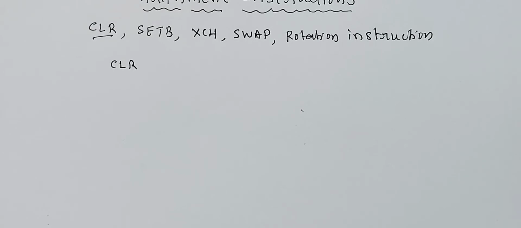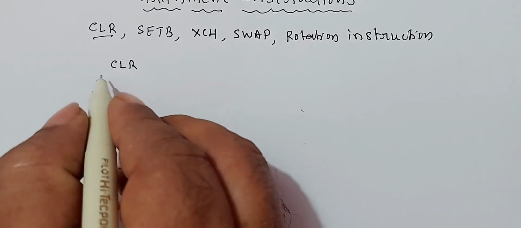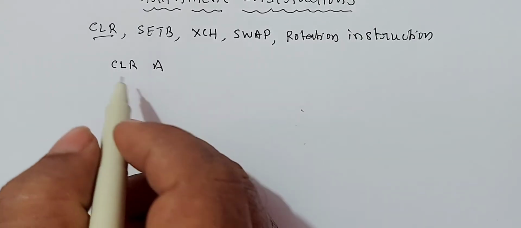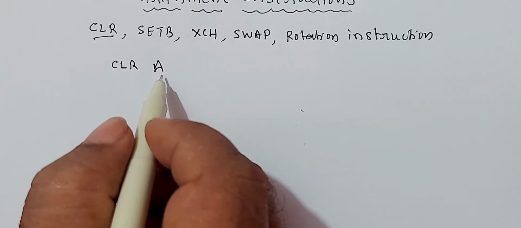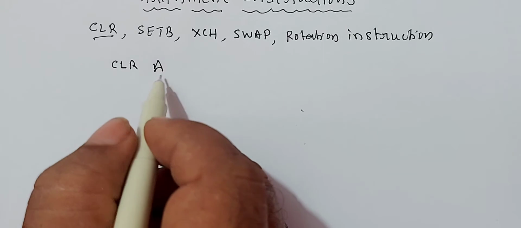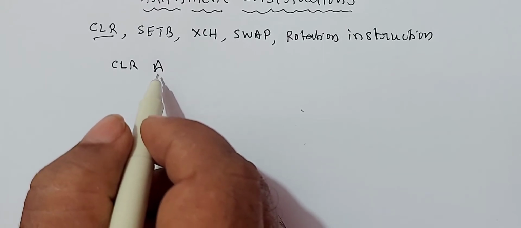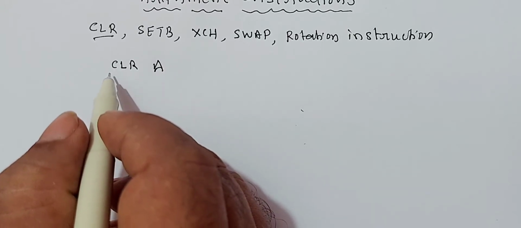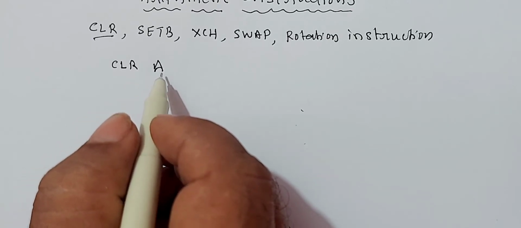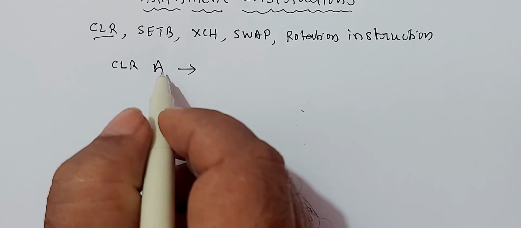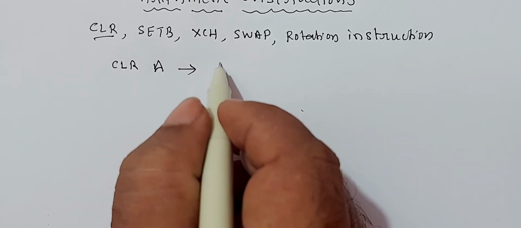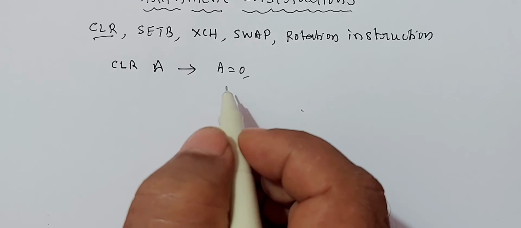Whatever the content present in A, you can clear it to 0 by using the clear instruction. So CLR A. CLR is the opcode, A is the operand. You see, there is no destination and source, it has only a destination. This means that whatever the content present in A is cleared to 0. Now A becomes equal to 0.